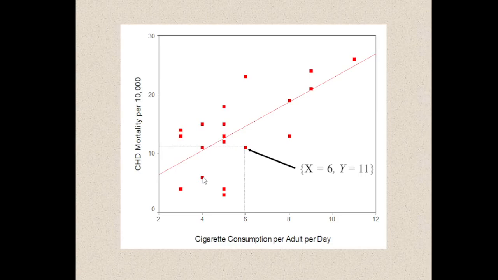So we can say यहाँ पे जो ग्राफ बन रहा है, वो upward side direction दिखा रहा है, positive direction. That is, with the increase in the cigarette consumption, the mortality rate is increasing. Okay, more disease, more death, so that can be called a positive relationship, positive correlation.